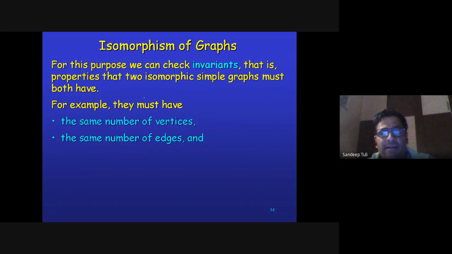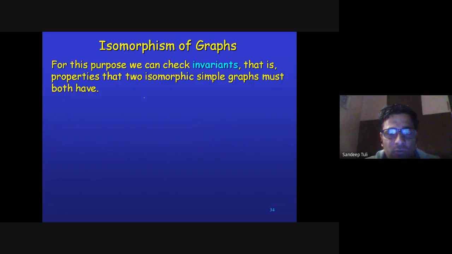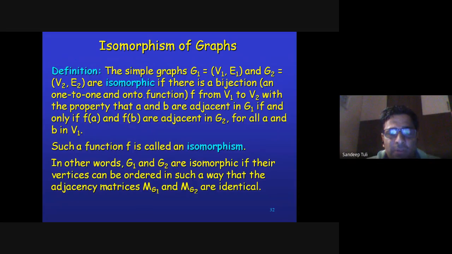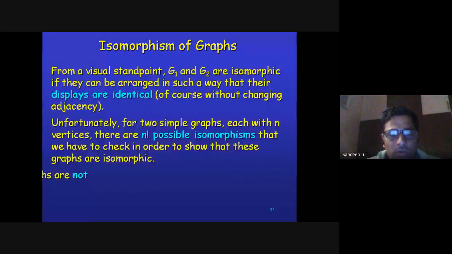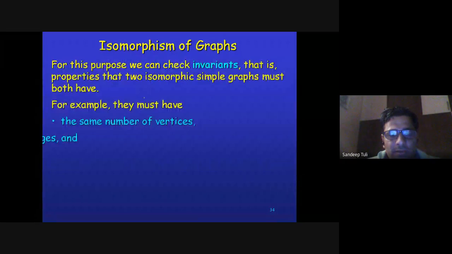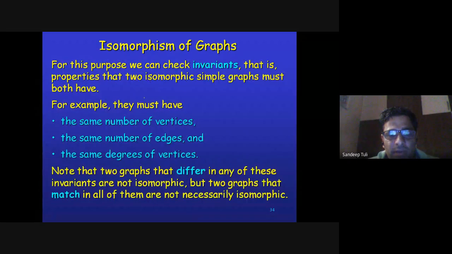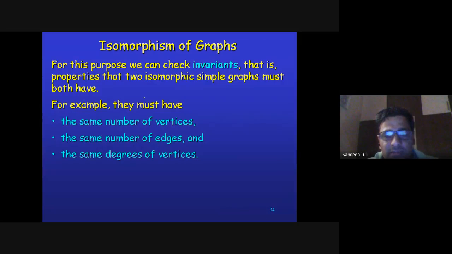आइसोमॉर्फिज्म कैसे आइडेंटिफाई करना है, उसके लिए जो हम टेक्निक यूज करेंगे वो ये होगा। डेफिनेशन तो I have told you, but I know that it will not be clear to all of you in one go. Okay, so let me come on to the particular points that we need to take, like we can check for finding the isomorphism.